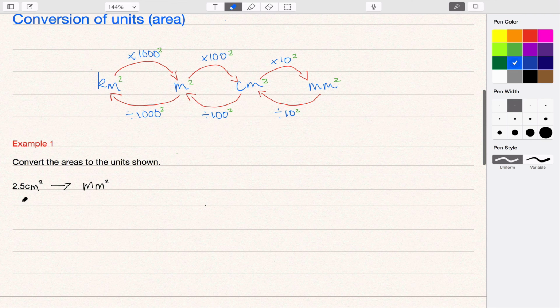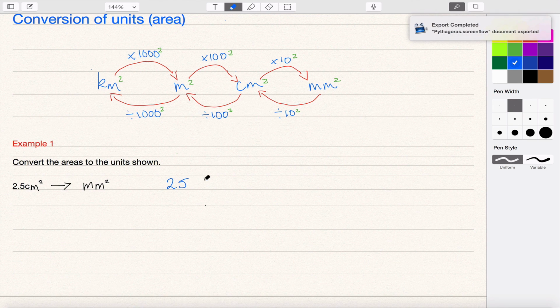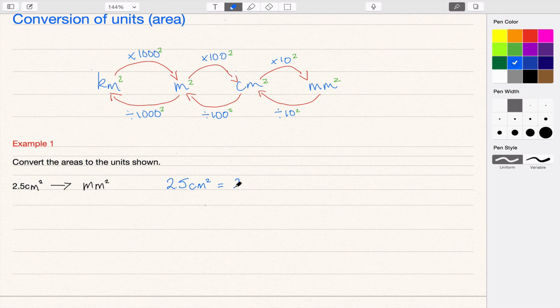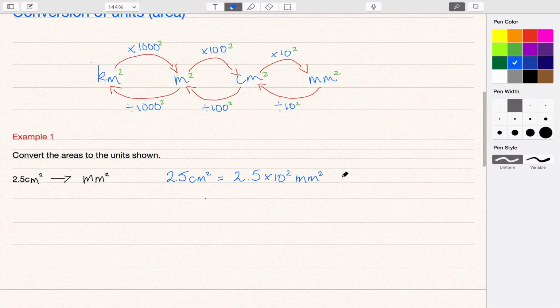So we write out the original, 2.5 square centimeters equals 2.5 times 10 squared from up here, and that'll change it into square millimeters.